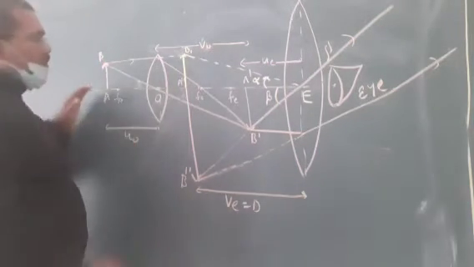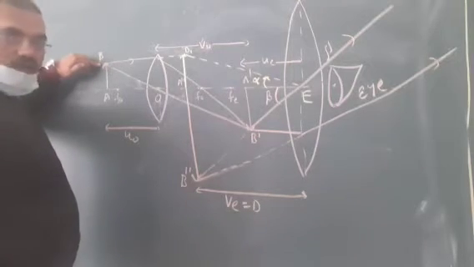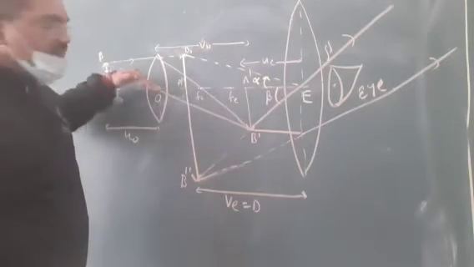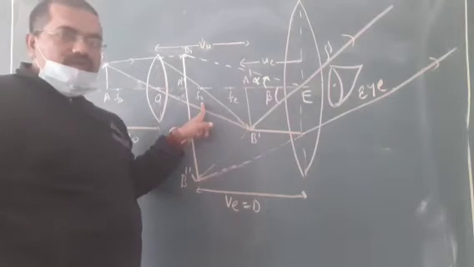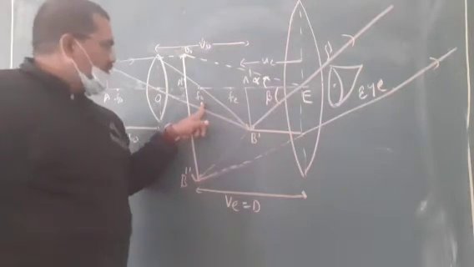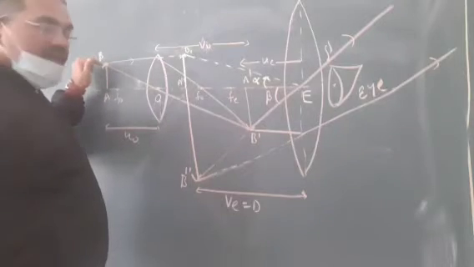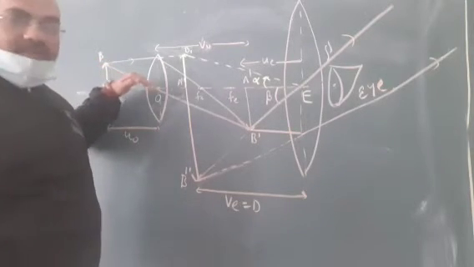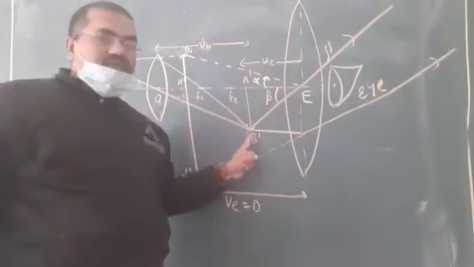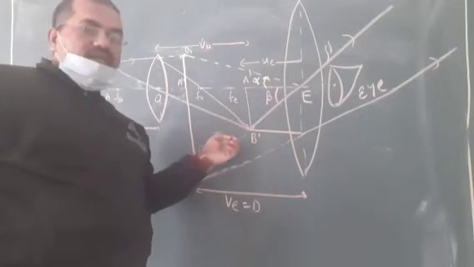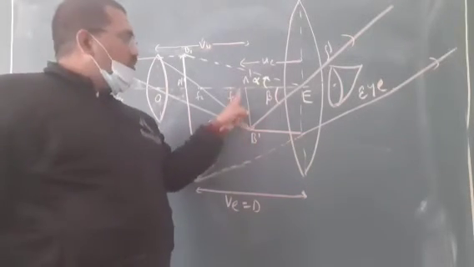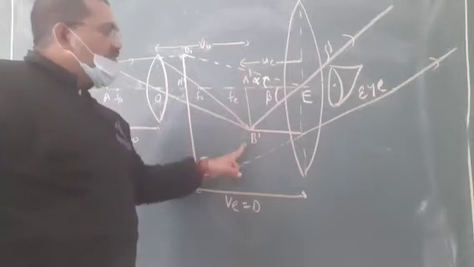One ray coming from the head of the object, parallel to the principal axis, goes through the focus of the lens, and one ray coming from the head goes through the optical center without deviation. Where both the rays meet, the image is formed, that is A dash B dash.